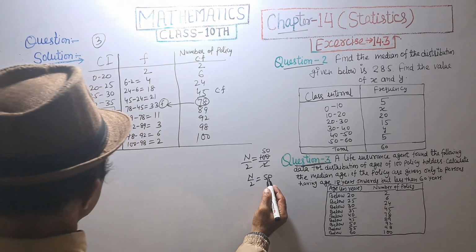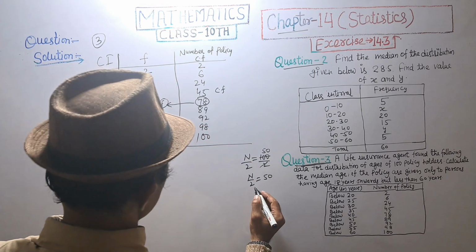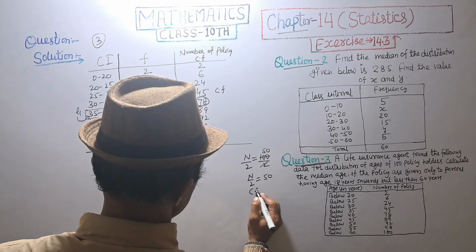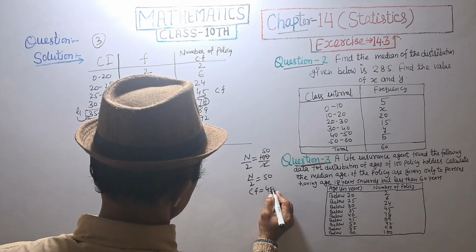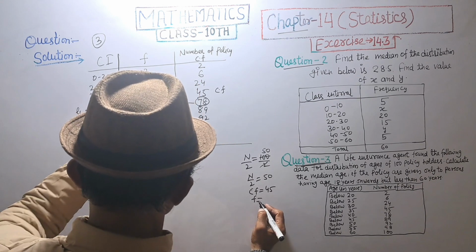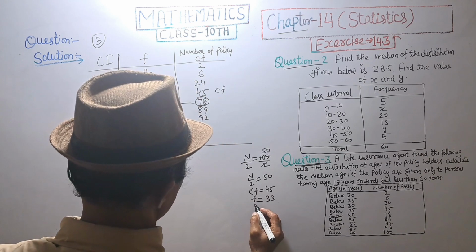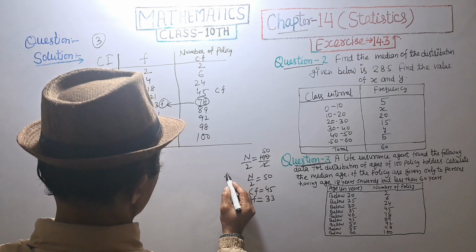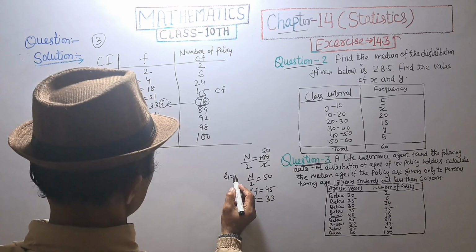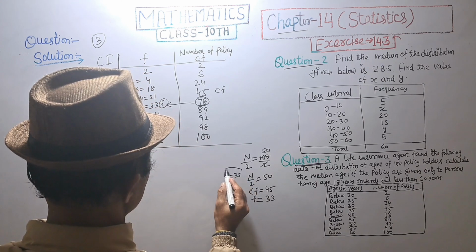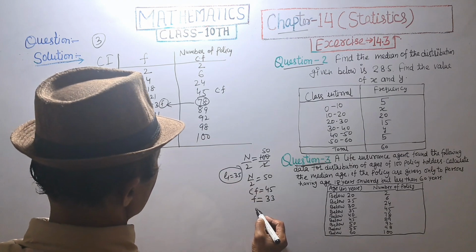So N by 2 is 50 and CF is equal to 45. F is equal to 33 and L1 is equal to 35.